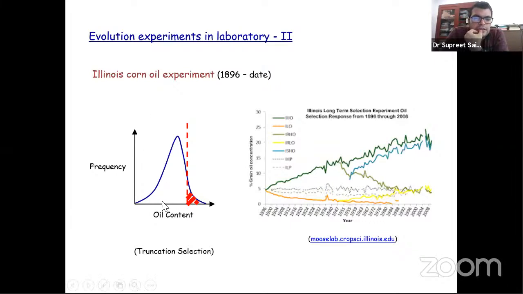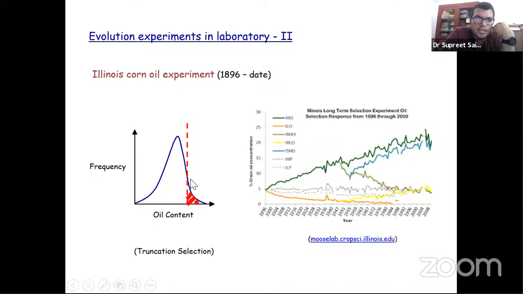What they do in this study is that every year they have a field full of corn plants, and they take corn from each of the plants and measure how much is the oil content in each of the plants. And then there is a threshold of, let's say, 10 to 15%.